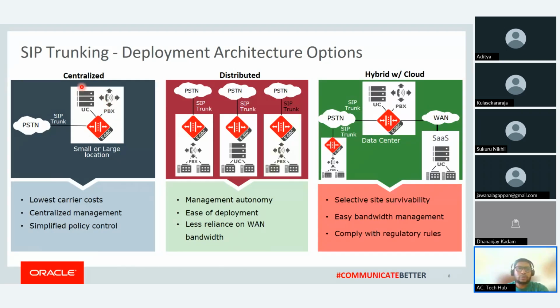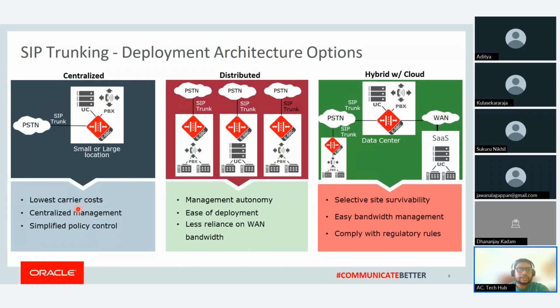But if you want a small business, you can choose centralized SBC solution, where you can host your SBC in a centralized location, and then you can run your branches through that SBC by connecting through WAN.